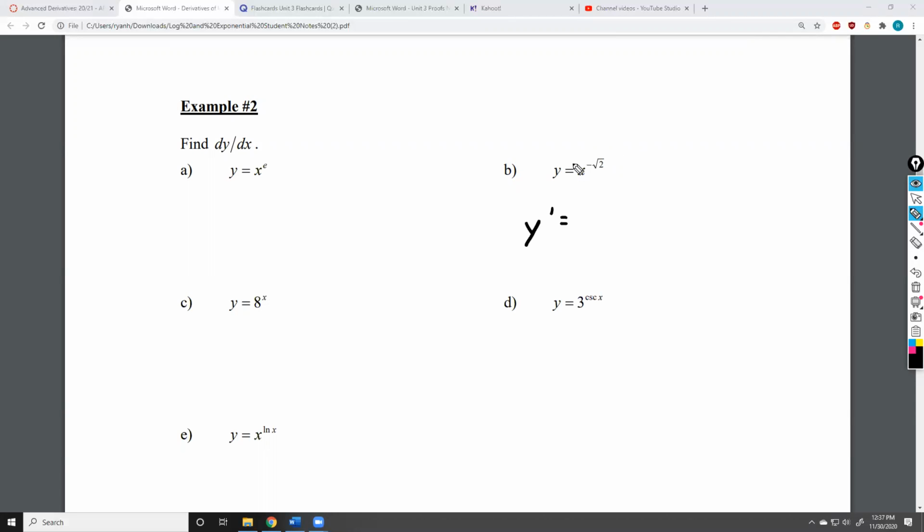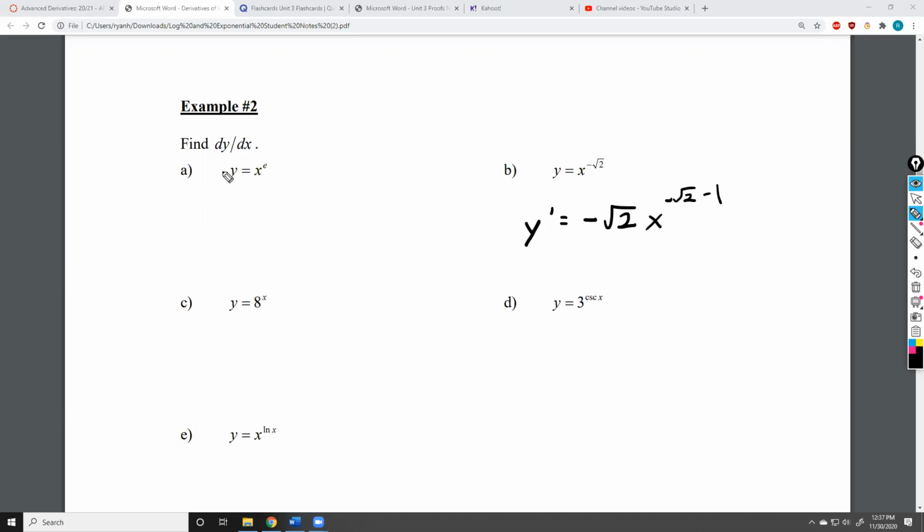Derivative here, this is not anything from exponentials. I could have given you this a month ago, and you should have been able to tell me that, oh, there's a number up in the exponent. Well, that means negative square root of 2 comes out in front, and then subtract 1 from the exponent.